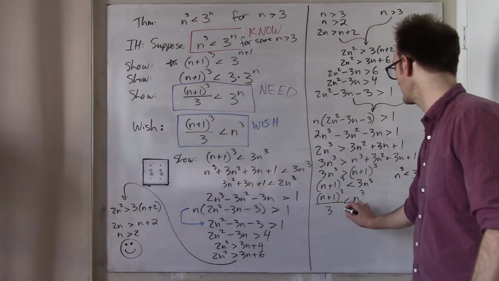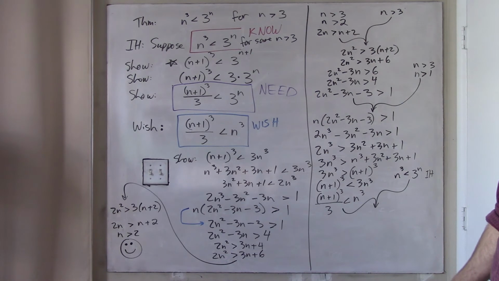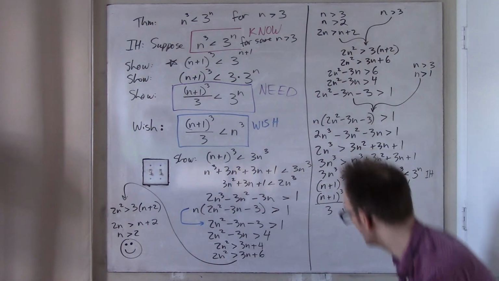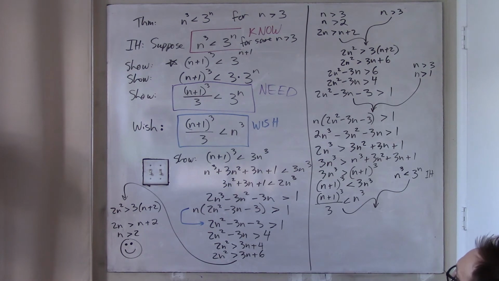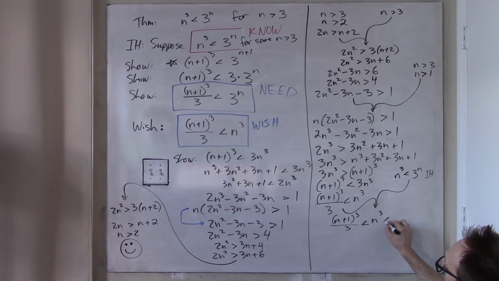And now I combine these two, but not in a multiplication way, in a transitive property way. So I have that n plus 1 cubed over 3 is less than n cubed, which is in turn less than 3 to the n.